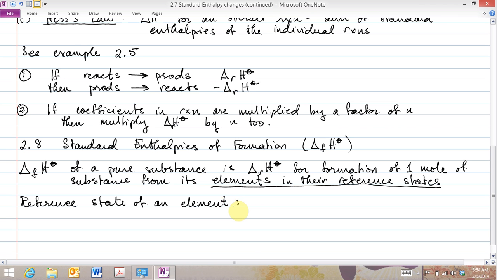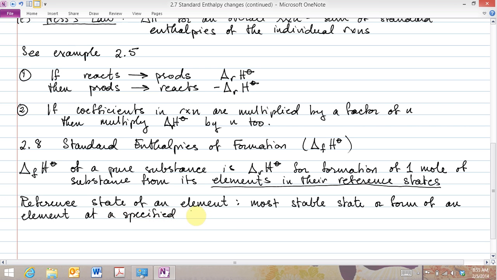The reference state of an element is simply the most stable state or most stable form of an element at a specified temperature, and of course that's usually room temperature, and at standard pressure of 1 bar.